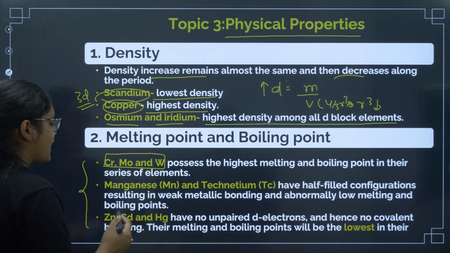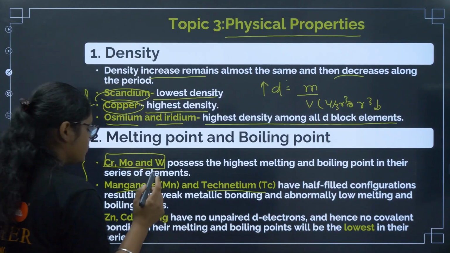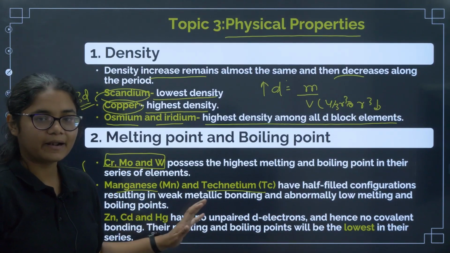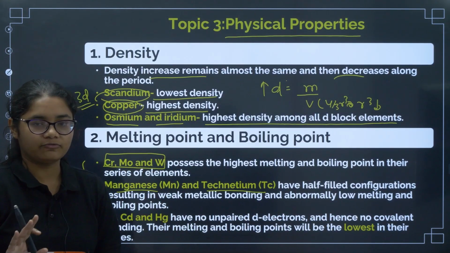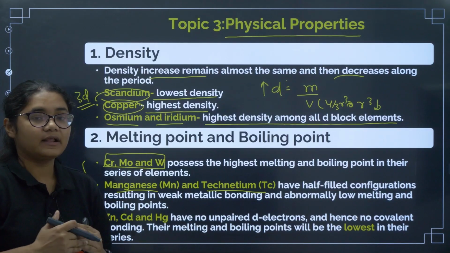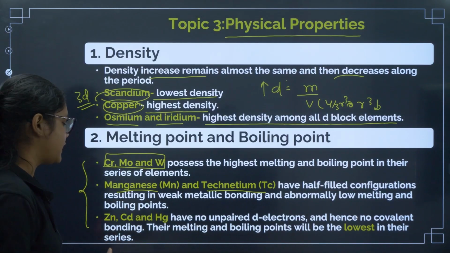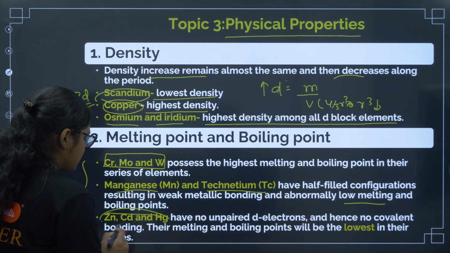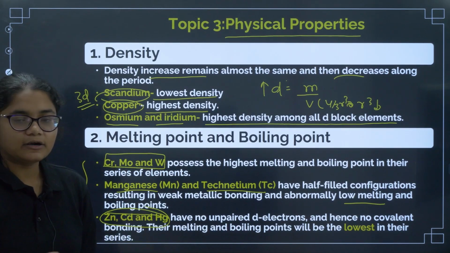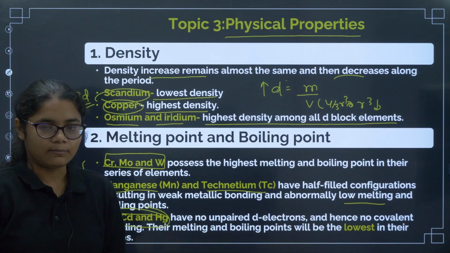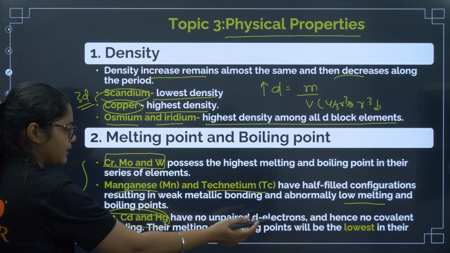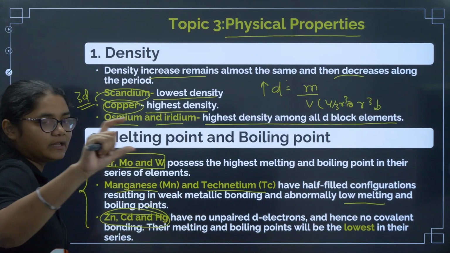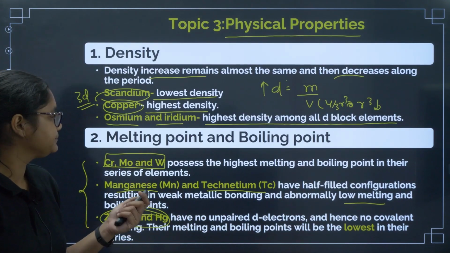Now manganese and technetium, although they have unpaired electrons, have a half filled configuration, right? So they are very stable and not involved in metallic bonding, so they have low melting and boiling points. Now zinc, cadmium and mercury have no unpaired electrons, so they cannot undergo metallic bonding, so they also have the lowest melting and boiling points in their respective series.